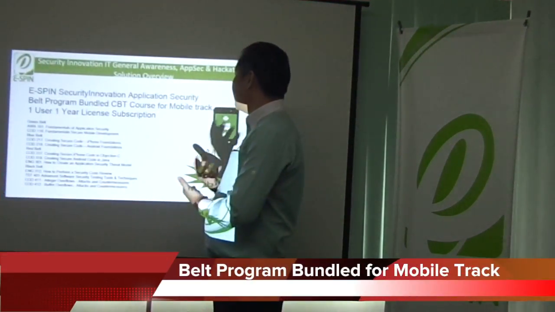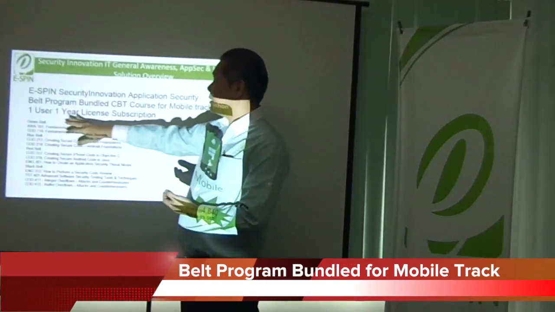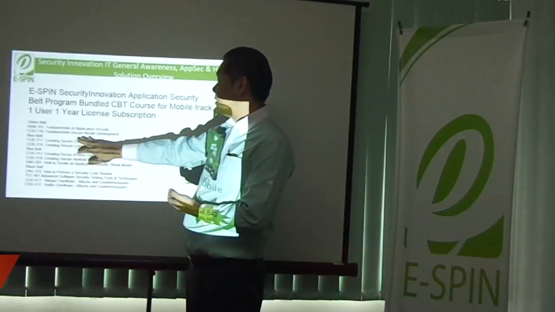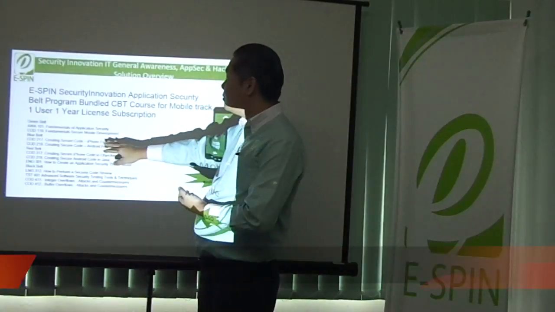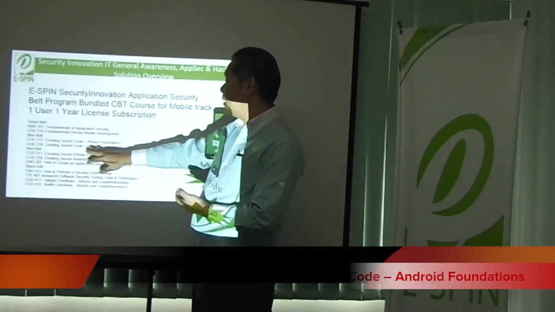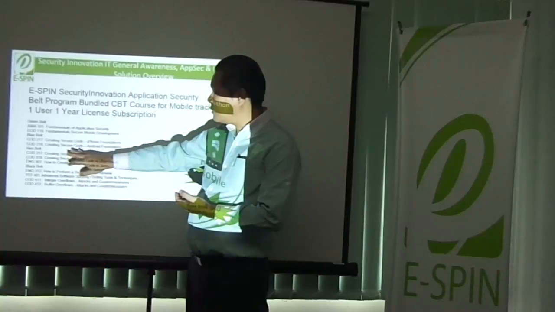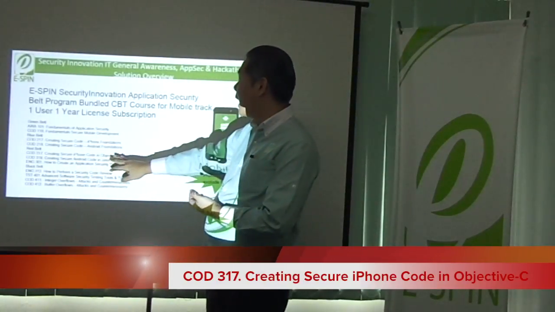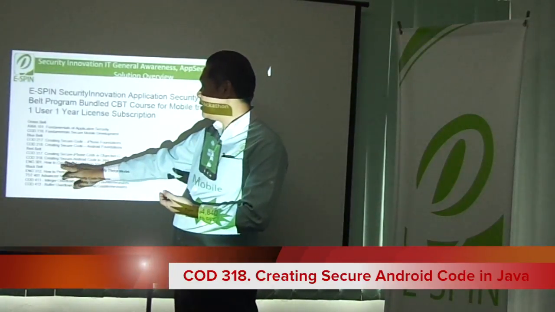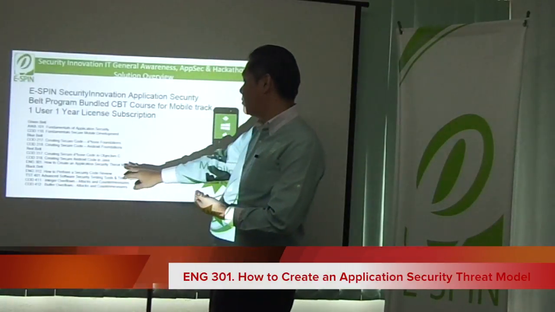For mobile development, from the build program bundle, you start from the green build. So the foundation of application security testing, foundation of secure mobile development, blue build, creating secure iPhone code foundation, creating secure Android code foundation. Then we continue to red build, then creating secure iPhone code in Objective-C, and then creating secure Android code in Java, how to create an application security model.